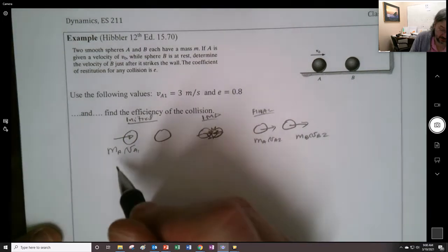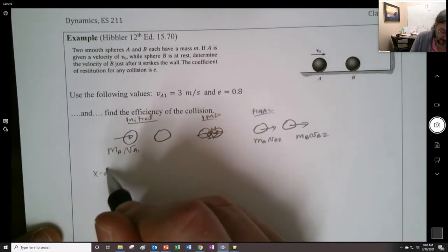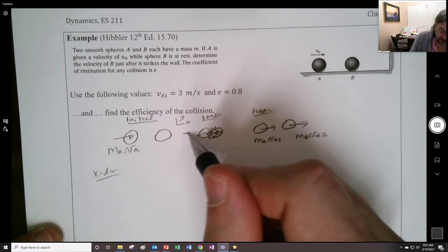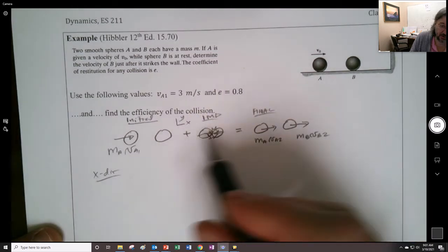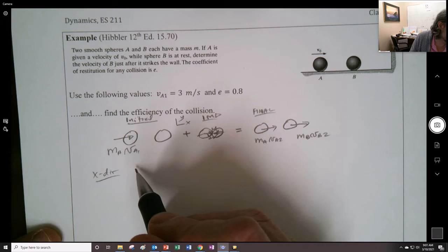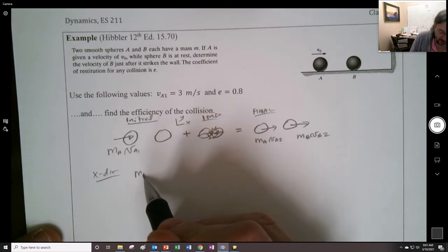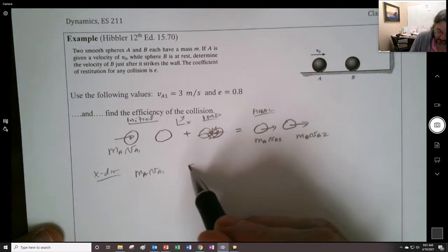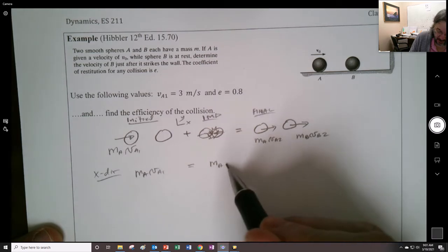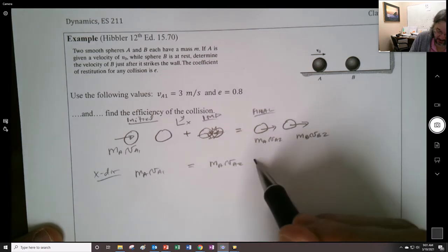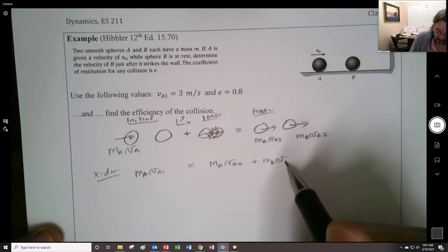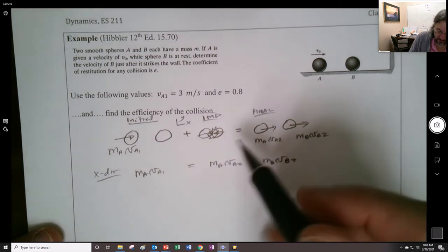That's taking place in the x direction, which is obvious because there's only the x direction here. Let's put our diagram's pluses and equals in there. We're going to say MA VA1, nothing happens to it, is equal to MA VA2 plus MB VB2.